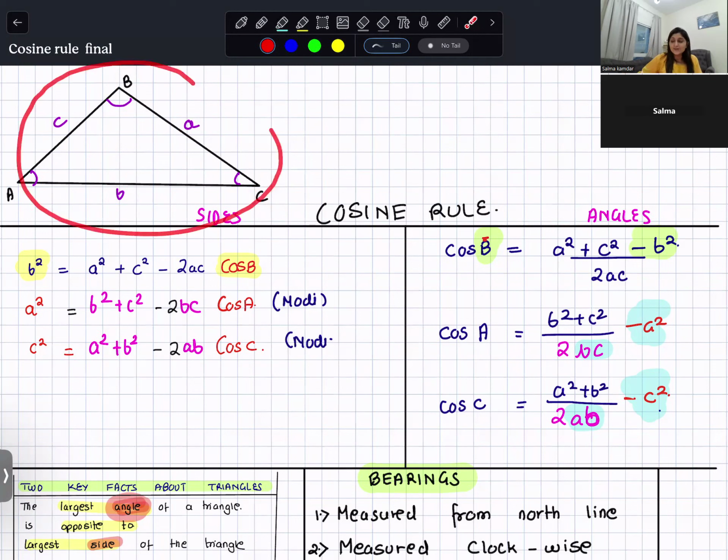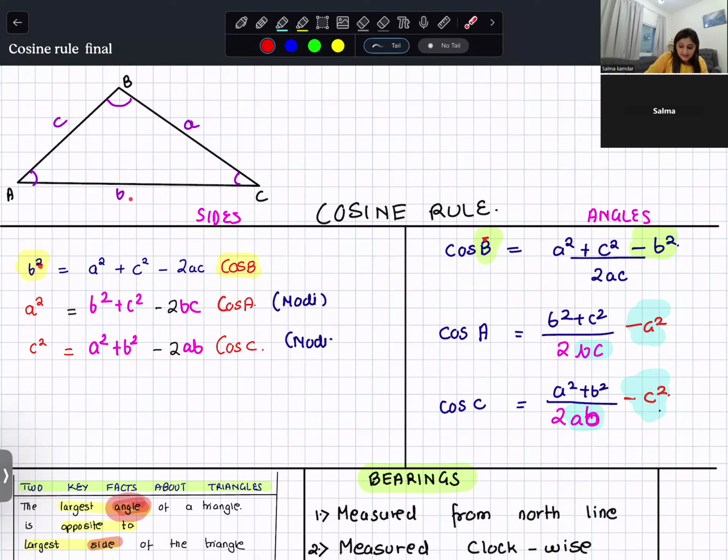Taking this triangle into consideration, if you have to find side b, b square would be a square plus c square, that is the squares of the remaining two sides, minus 2ac cos B. Now you can use a modification of the formula.